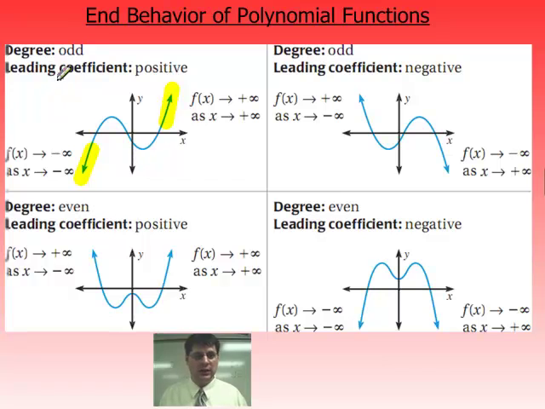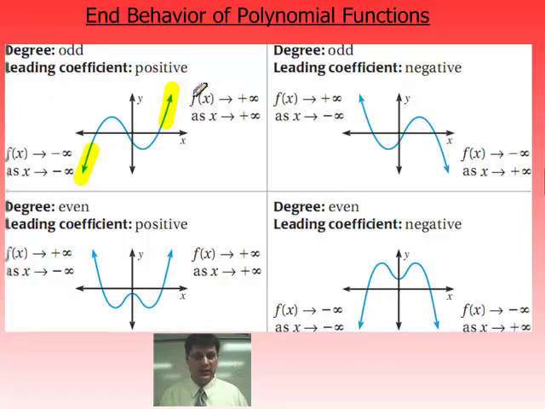So if the degree of our polynomial is odd, and the leading coefficient is positive, then what we say here on the right side is that f of x, which corresponds with the y, f of x is approaching positive infinity.